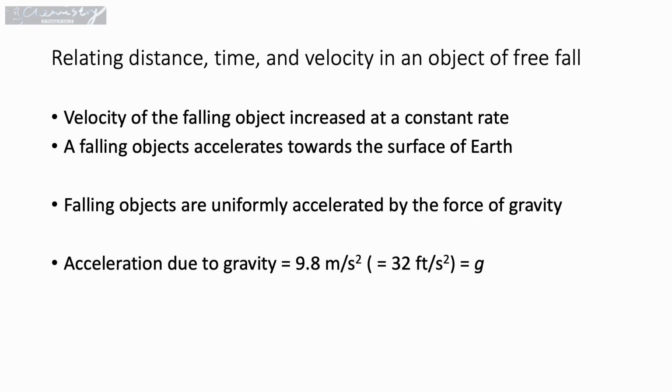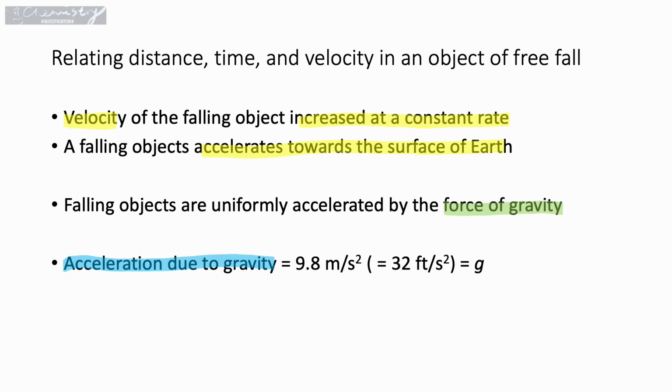So let's relate the idea of distance, time, velocity in an object of free fall. Remember, free fall is no air resistance. First of all, like we talked about before, velocity is increased at a constant rate, and a falling object is accelerating towards the Earth. So these two things we know. That means there's a uniform acceleration, and this uniform acceleration is a result of the force of gravity. Then we have something called the acceleration due to gravity, and this is a constant number.